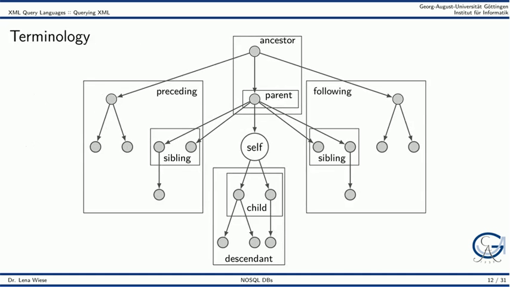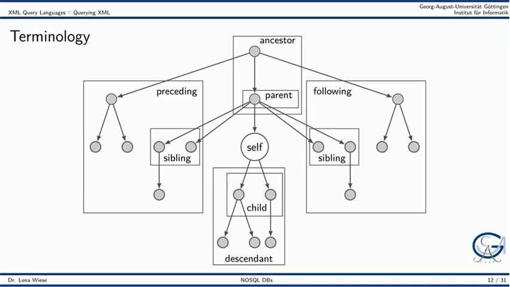Now we have a closer look at the terminology. When navigating the tree, there's always a current context node called self. The nodes on the path from the self node to the root node are called ancestors. The parent node is the direct ancestor. All nodes on the path from the self node to the leaf nodes are called descendants of the self node.